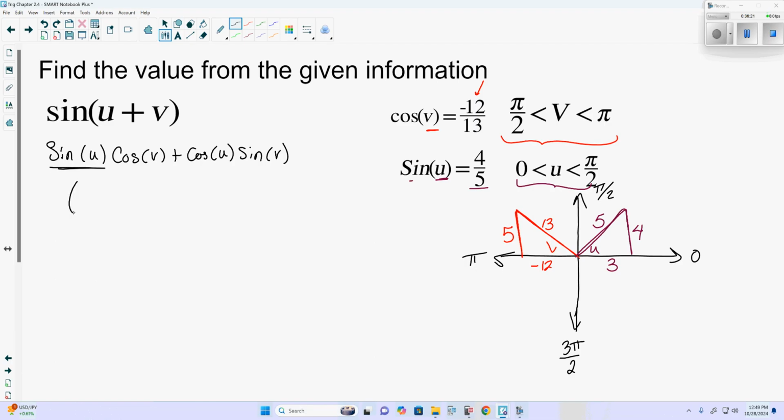Sine of u is 4/5. And they did give us cosine of v to start with, negative 12/13. Now, they didn't directly tell us cosine of u or sine of v, but I can use the triangle. Cosine of u is adjacent over the hypotenuse, so 3/5. Sine of v is opposite over the hypotenuse, so 5/13.